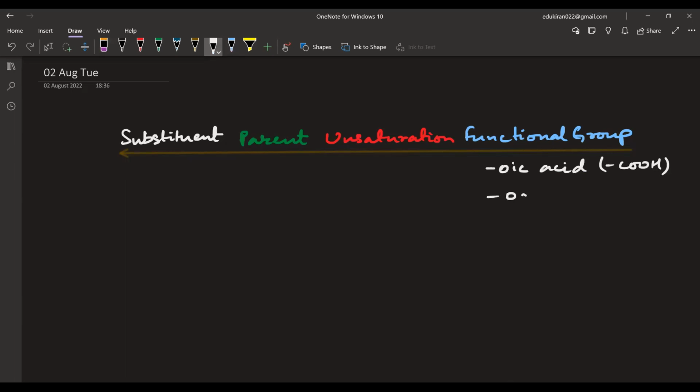Then we have oate. Oate is for COOR. Yeah, and then after that? Amide. Amide is CONH2. Yeah, correct, CONH2.